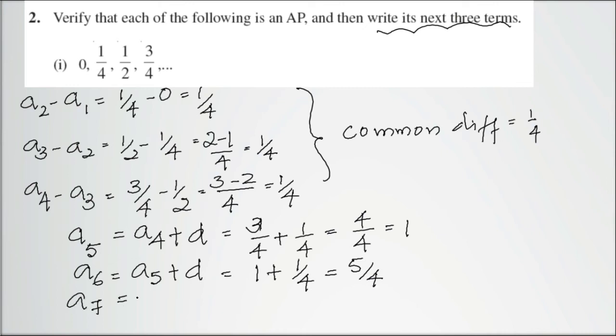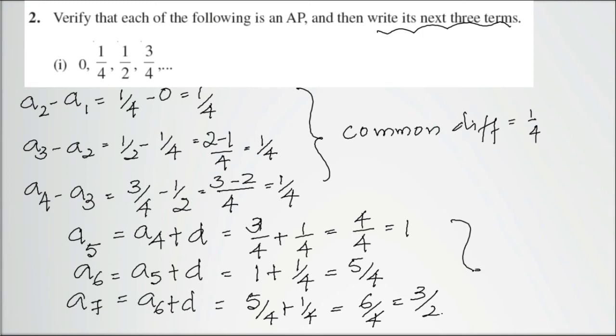Seventh term will be sixth term plus the common difference. Sixth term is 5 upon 4 plus 1 upon 4 is added. We get 6 upon 4, nothing but 3 upon 2. This is how the next three terms are found. These are the next three terms.